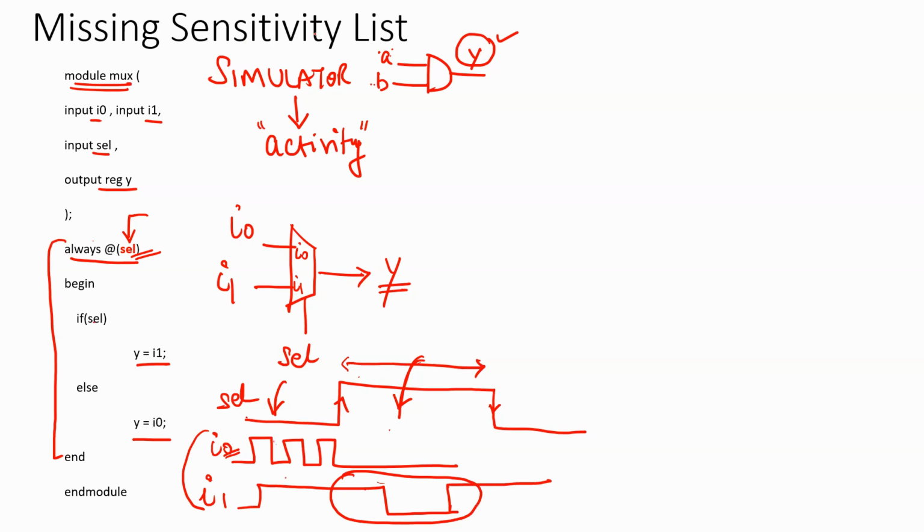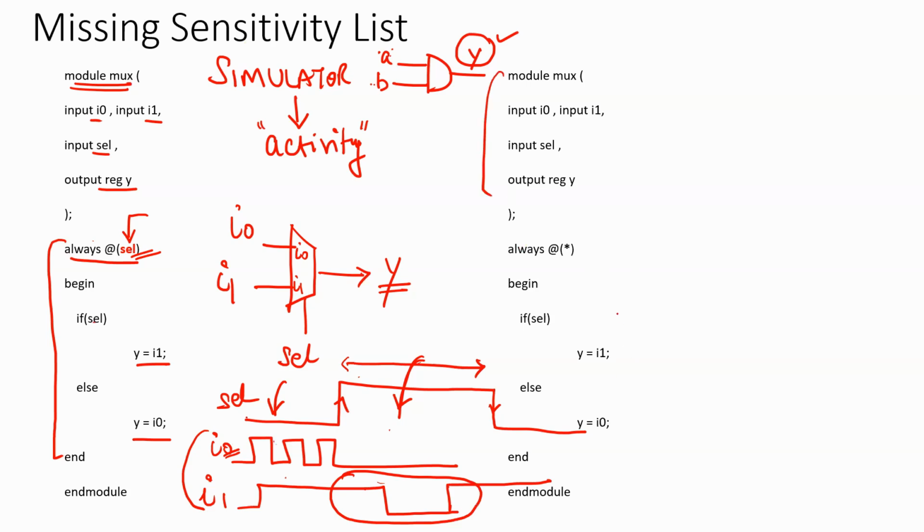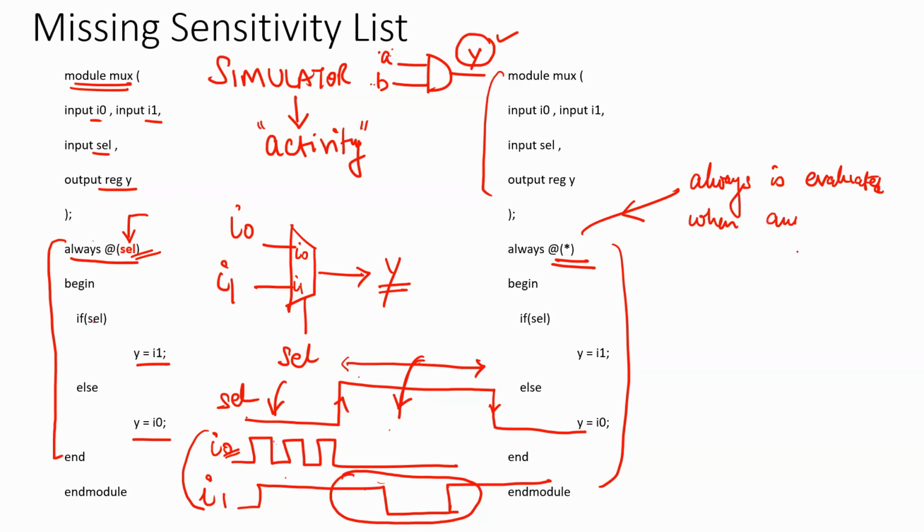What is the correct way of writing it? Look at this. Everything here is same. Nothing is changing. But look at the beauty here. Here I'm putting always at star. This means the always block is evaluated when any signal changes.